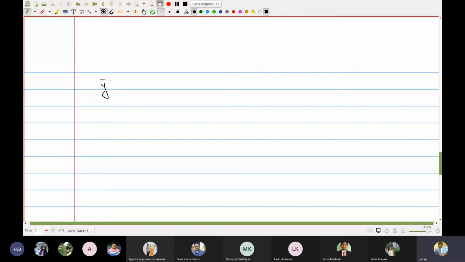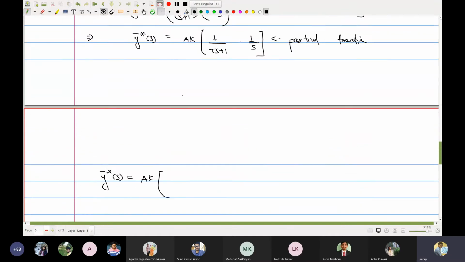Y star equals Ak times, if I do it correctly, 1 upon s minus, this will obviously be 1 upon tau s plus 1, but that makes the whole thing tau times. So this is 1 upon s minus tau upon tau s plus 1.